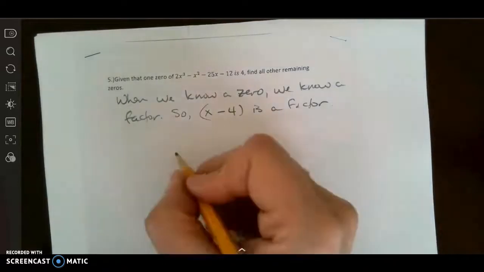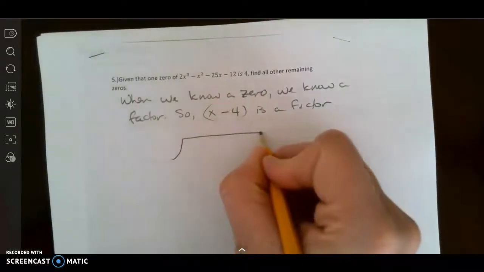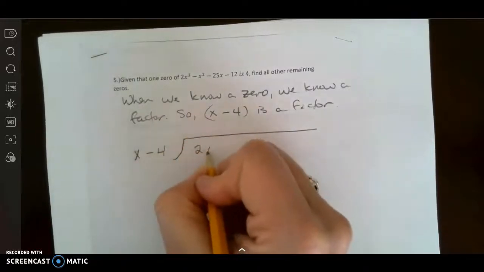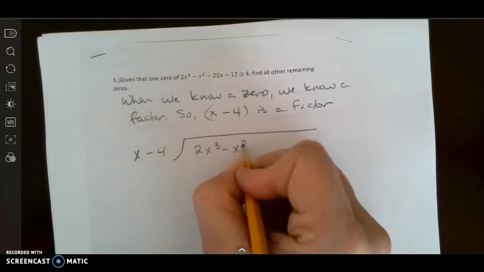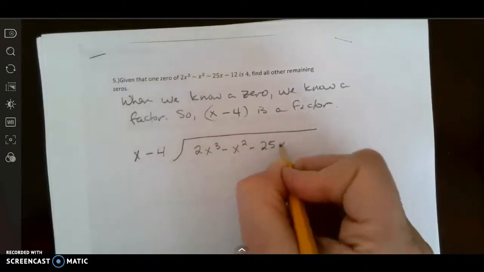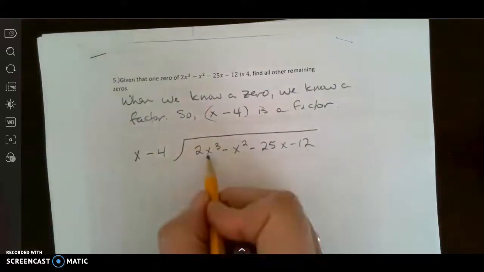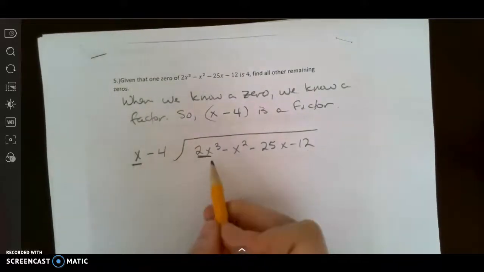So when we know a factor, we can use it to divide. There's no placeholders I need to add in either place, so I can begin dividing.